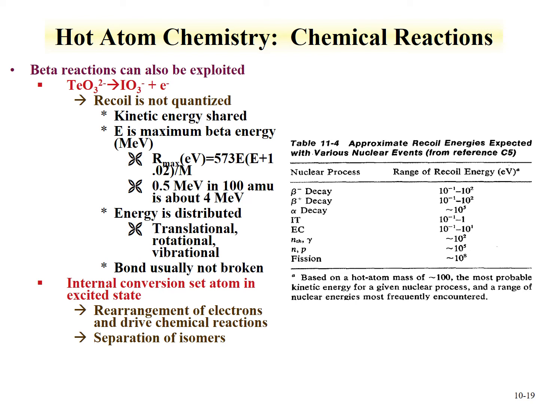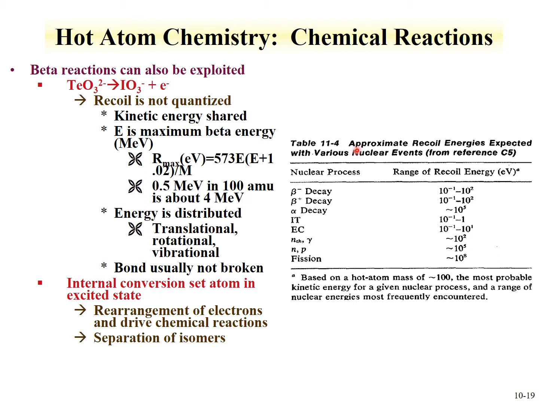Beta reactions can also be exploited in hot atom chemistry. In this case, you're just looking at recoil, and often in recoil energy, bonds aren't broken because the energy gets distributed. However, internal conversion can potentially set the atoms into an excited state, and one can utilize this rearrangement of electrons to drive chemical reactions that can be exploited to achieve the separations.